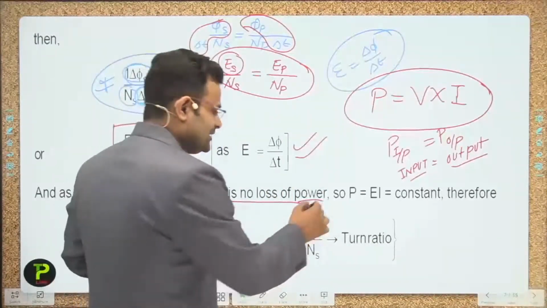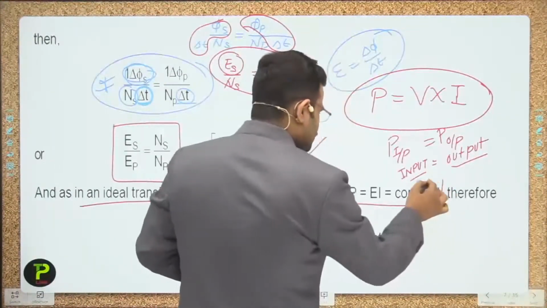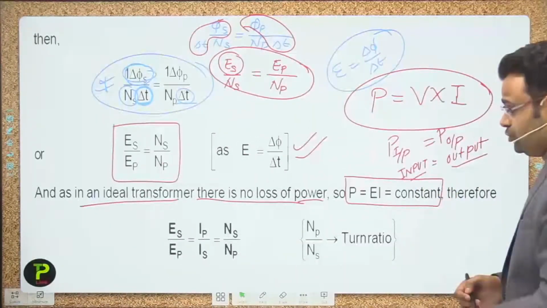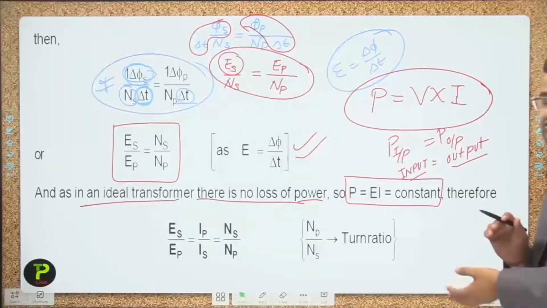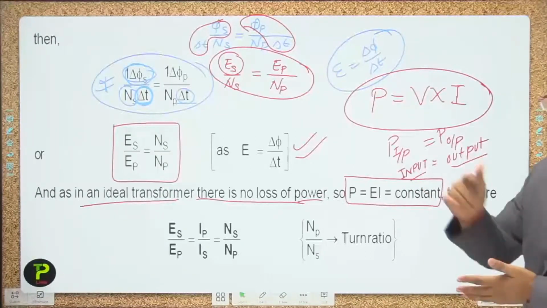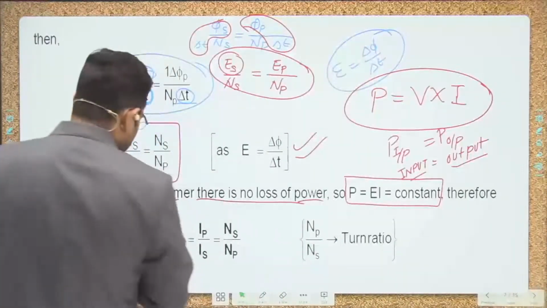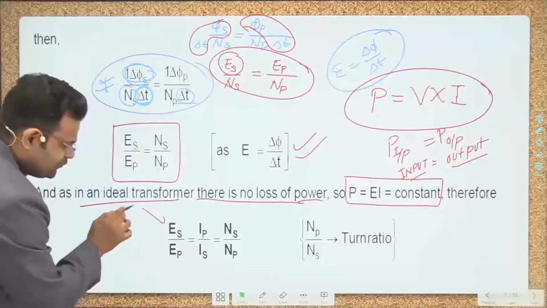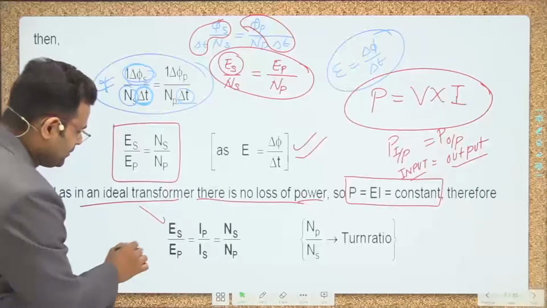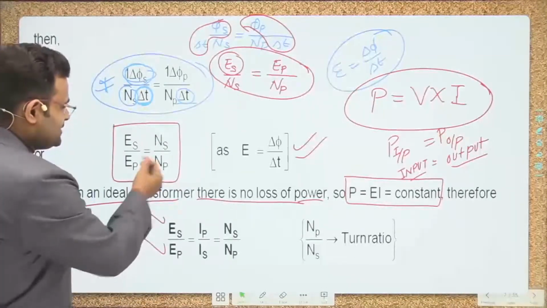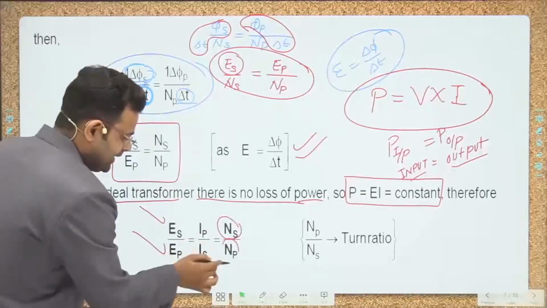So one concept arises here. P is equal to VI, so you can write that EI is always constant. If that quantity is constant, we derive one more expression. The potential of the secondary coil upon the potential of the primary coil is equivalent to Ns upon Np, as we know.